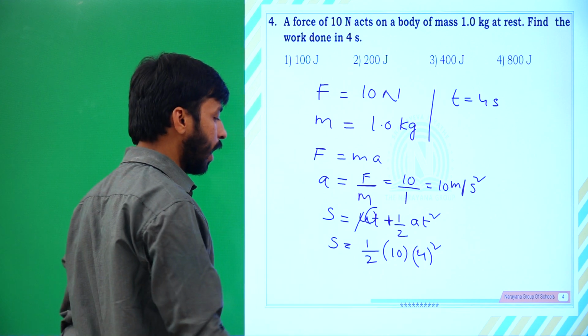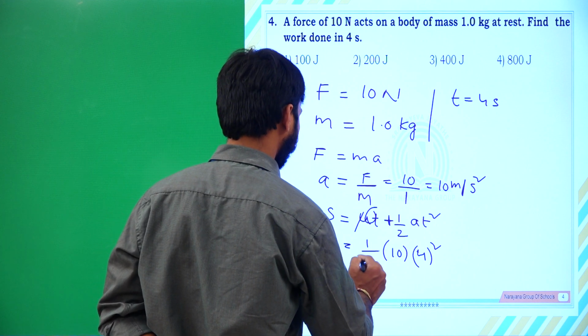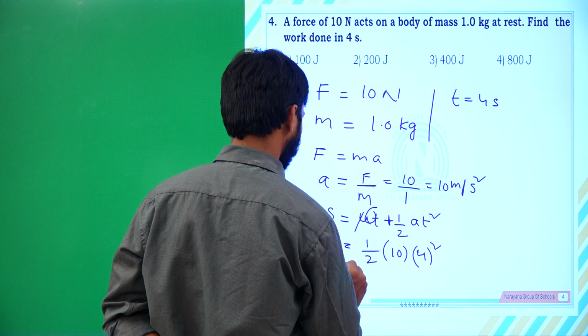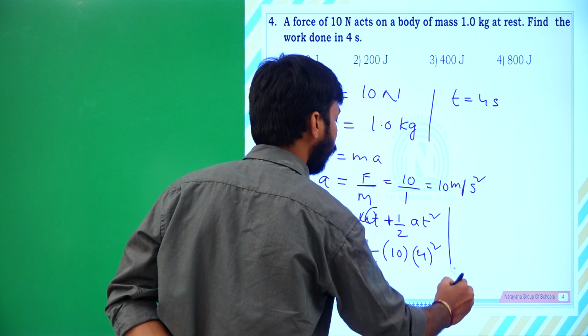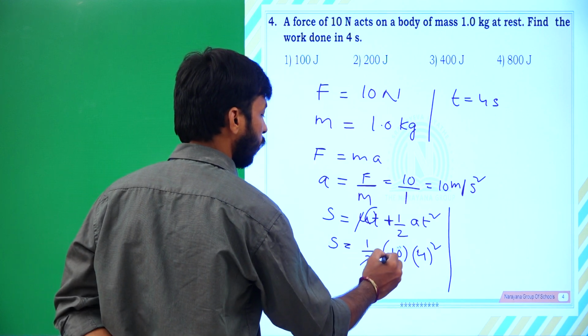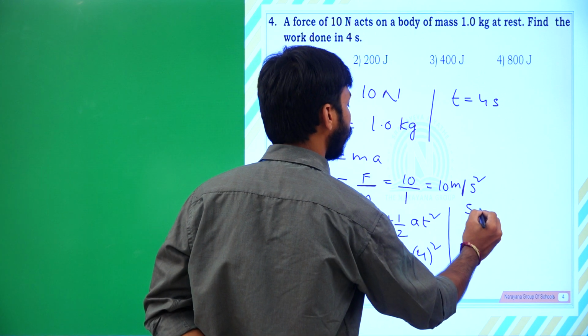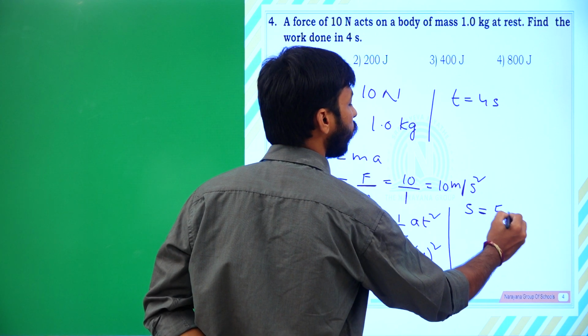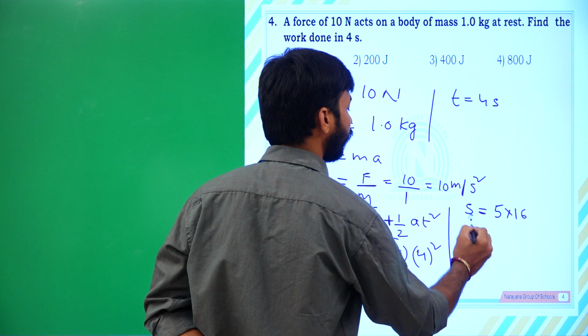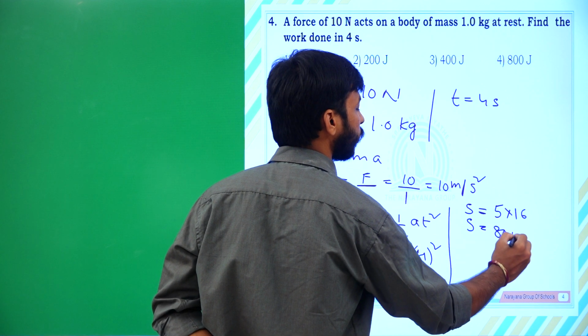So finally here S is equal to 5 into 16. So S is equal to 80 meters.